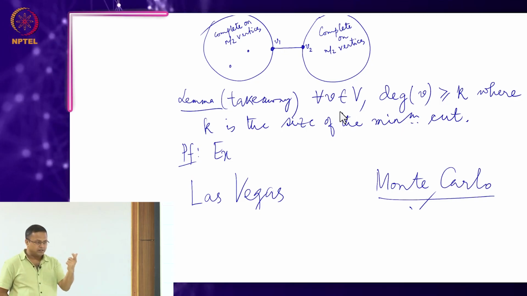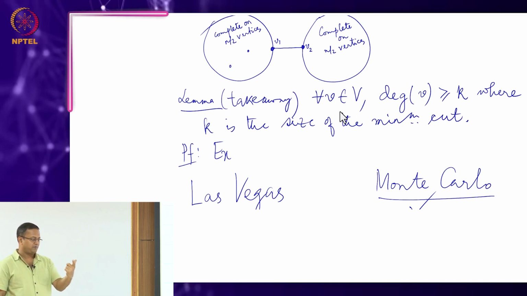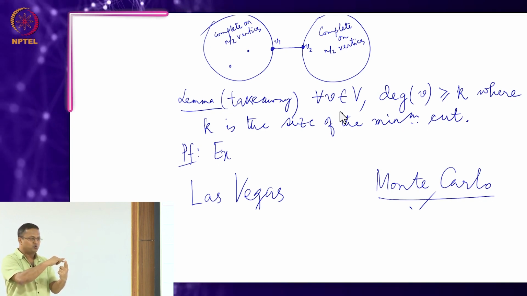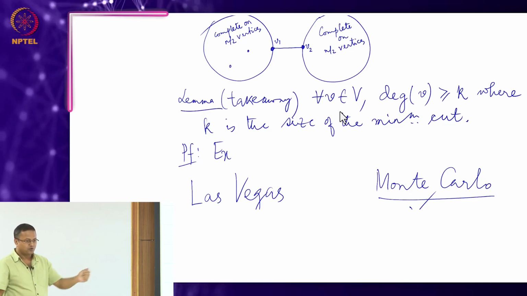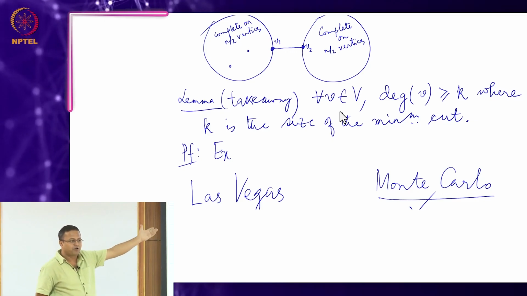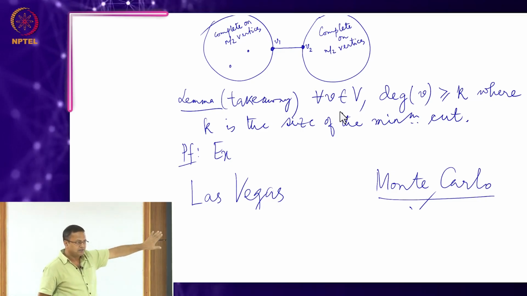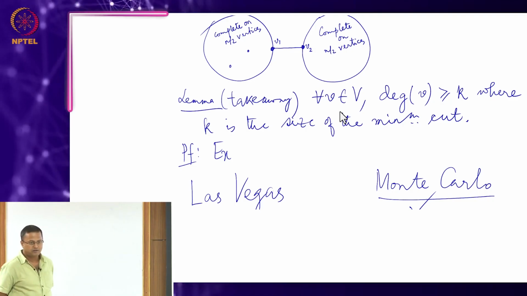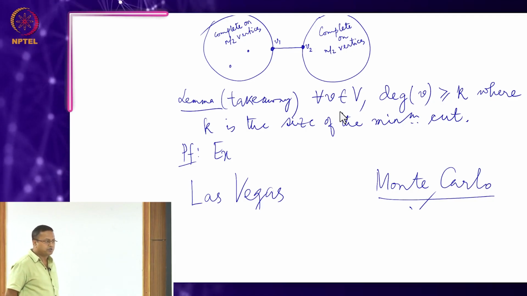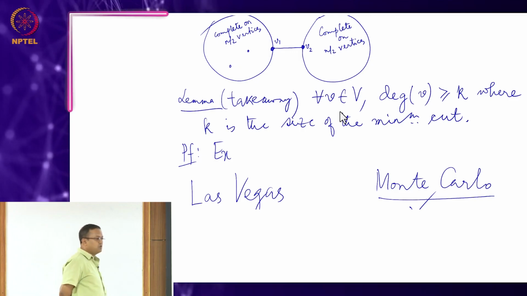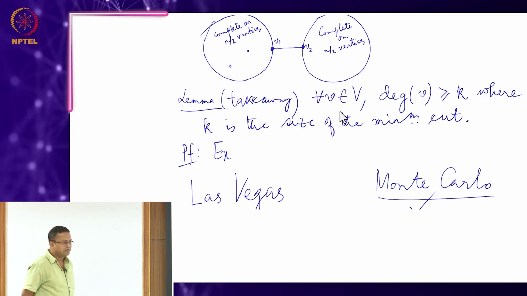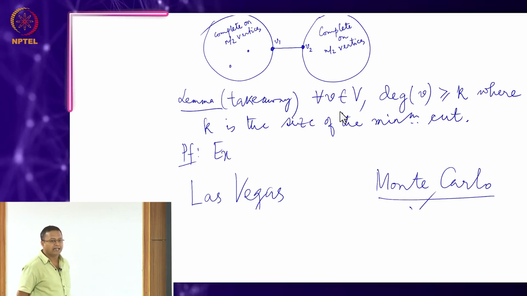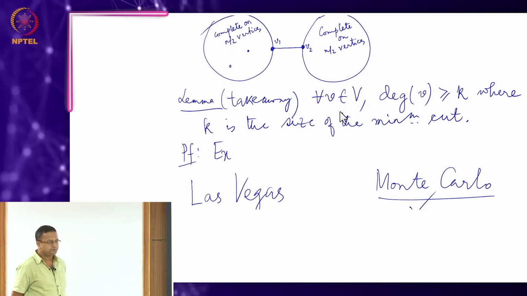So when you sum the degrees, what do you see? Each edge contributes 2 to the degree sum. So it should be twice the number of edges on the left side. On the right side you get n into k, since you are summing over all vertices. So you straight away get twice E is greater than or equal to nk. So the number of edges is bounded by nk by 2.